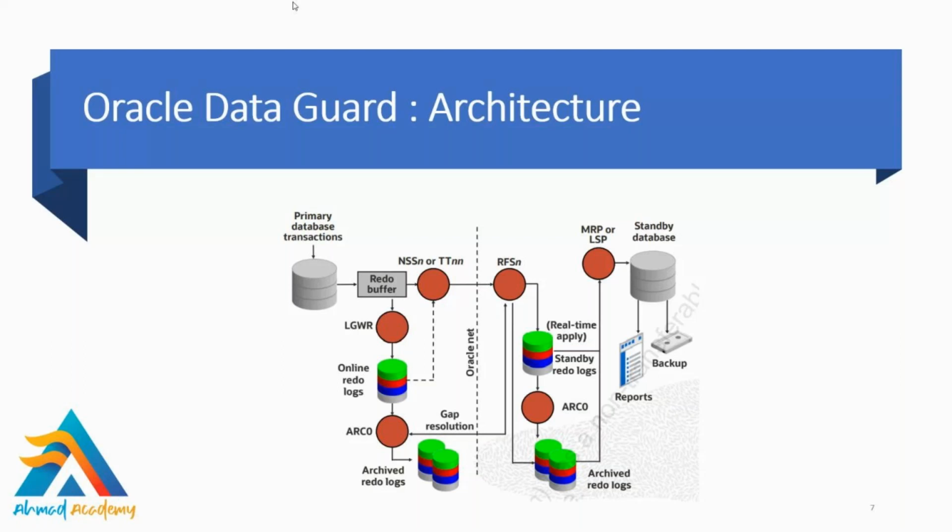The MRP process is used in physical standby, and the LSP process is used in logical standby. So you have the option either to apply directly to the standby, or to archive first and then apply. And in the same way on the production side, you can store to the online redo log file first, and then archive, and from the archive you apply. So these are the mechanisms we can use, and these are the processes involved.